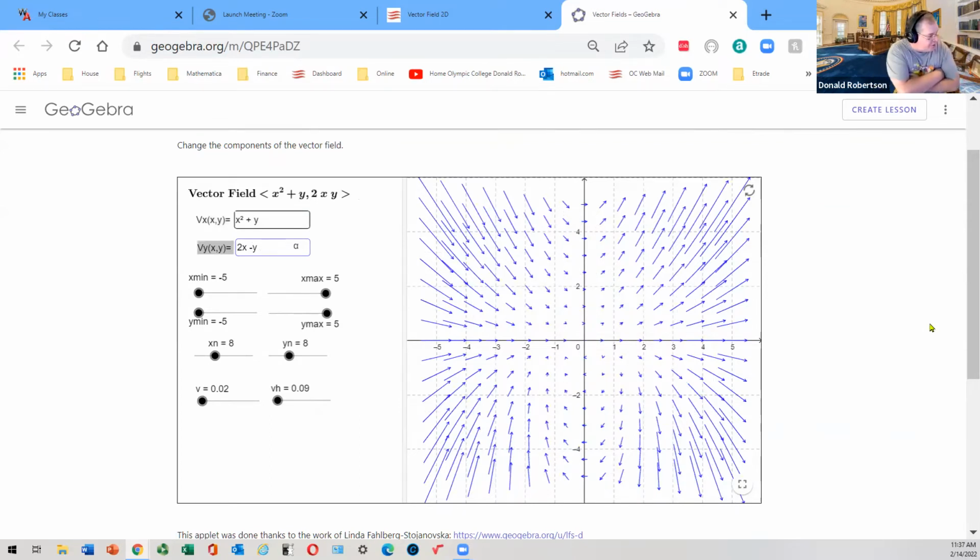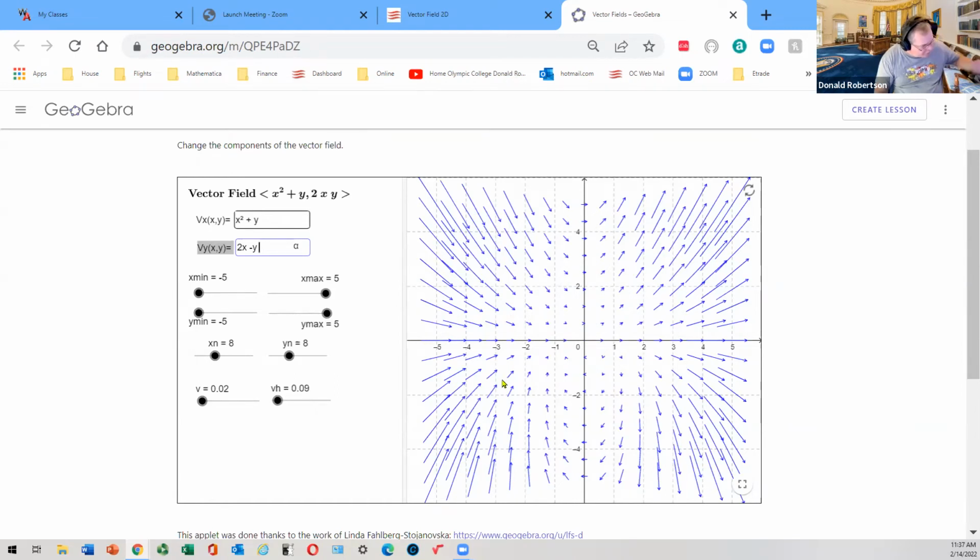Can you see that this particular vector field has, that's quite interesting what it's doing. If you look at these two quadrants, aren't the vectors all heading towards the origin in some way? But what's happening on this side is that they're leaving the origin and there's some kind of curve going on.